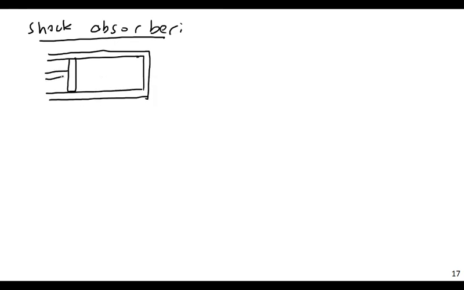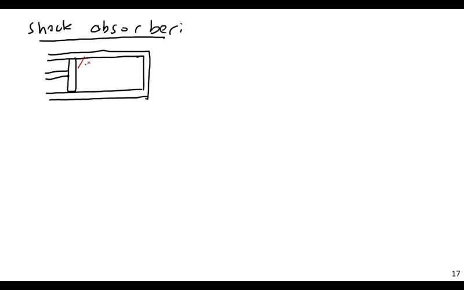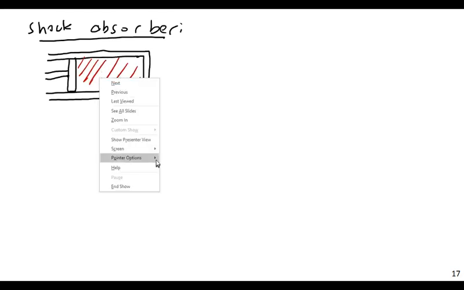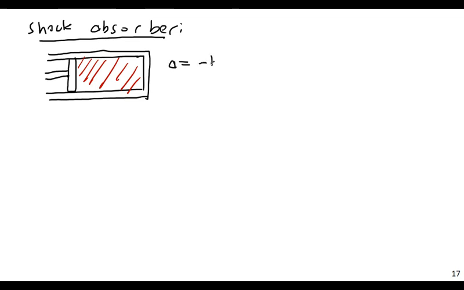This is basically a shock absorber on, say, a bicycle or something like that. And this is full of oil. And the acceleration of this system is equal to negative kv, so a equals negative kv.